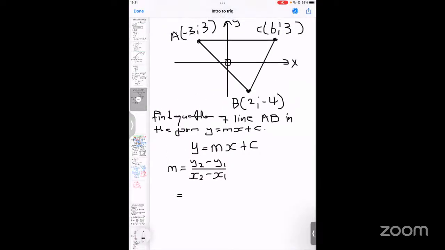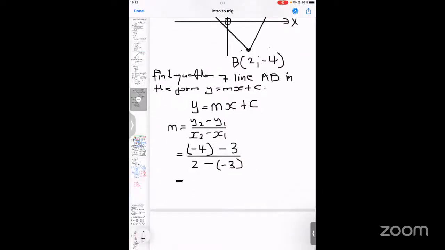Let's now substitute y2, because it's a negative value, I will say -4. These are my y2, x2, x1, y1. Always when a value is negative and you are substituting it, put it inside the brackets, always. So my y2 minus my y1, which is +3, divided by my x2, which is +2, minus your x1, it's a negative. So that's why I put it inside the brackets. You will never go wrong.